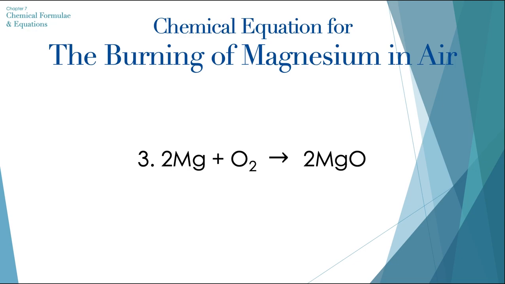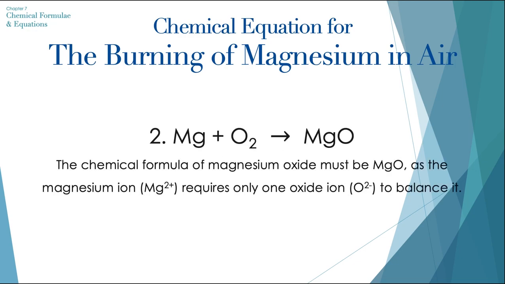Previously we had something like this. As you can see, we have O2, and this equation is certainly not balanced, because we have O2 over here, and in the product we have only one oxygen atom.